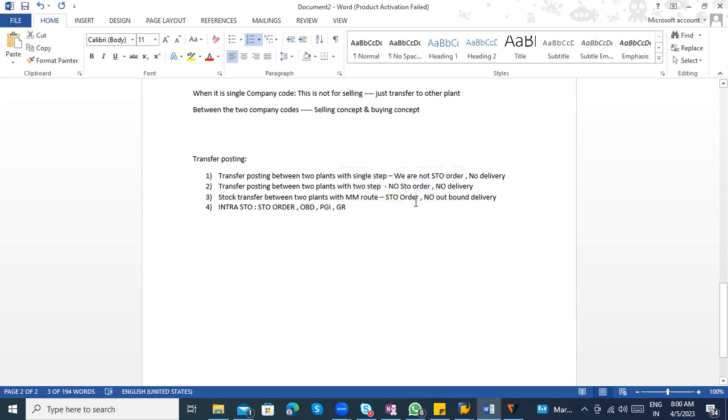But in the case above, stock transfer with route, we don't have any outbound delivery. Only the STO order will be there, and GR will be there. Is it clear?